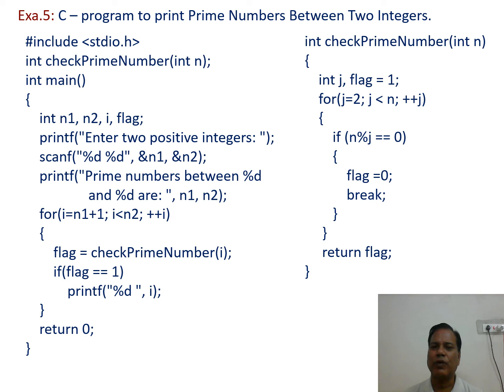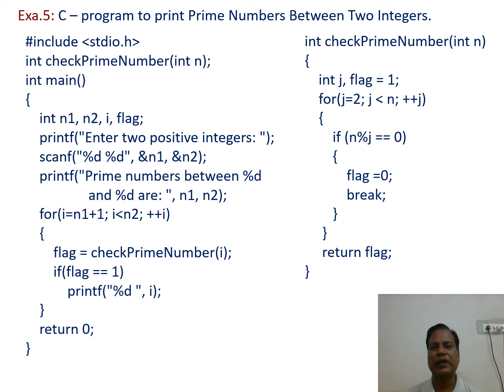Depending on whether the second number is prime or not, flag is set to 1 or 0. In this way we can print the second prime number. This process goes on till the condition in the looping statement becomes false. When this condition becomes false, control comes out of the looping statement and return 0 is the last statement.